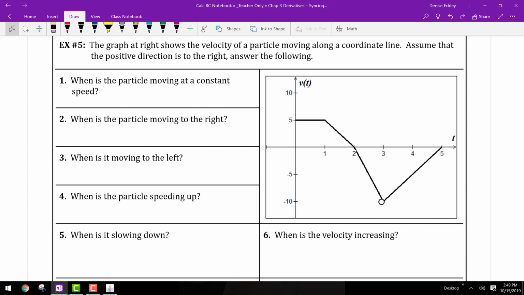So number 1 says, when is the particle moving at a constant speed? So what you want to find is the part of time where it is flat. If you notice right here, from 0 to 1 second, the velocity graph, because that's what this is, it's not a position graph, it's a velocity graph, the speed is constant.